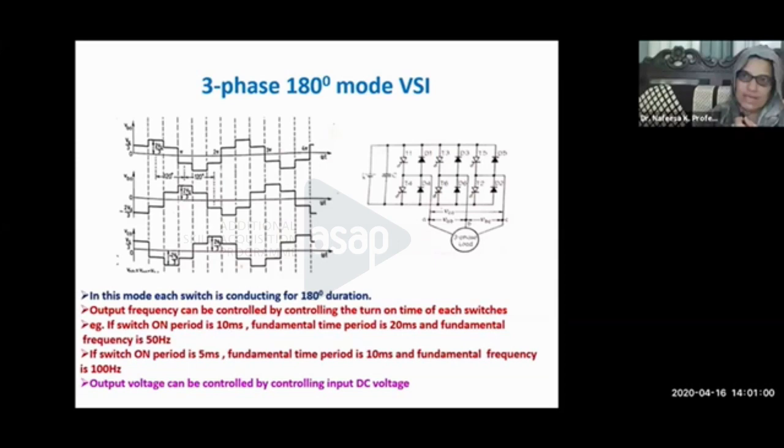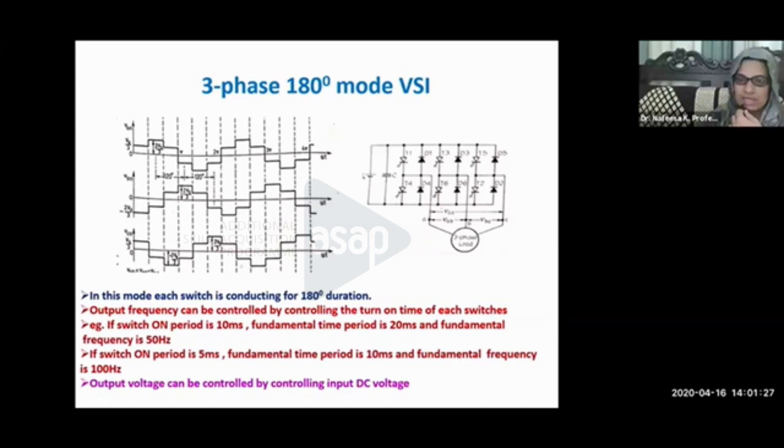And varying the frequency alone may cause problems when it is operated below the rated value. When it is operated below the rated speed, as you have already seen in the previous modules, you can operate the induction motor in two modes: one below the synchronous speed, another above the synchronous speed.